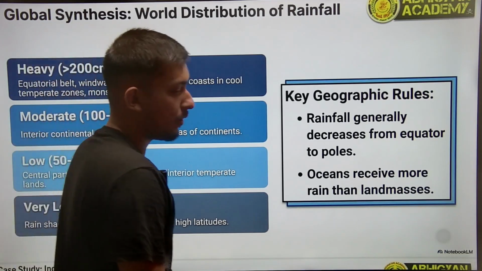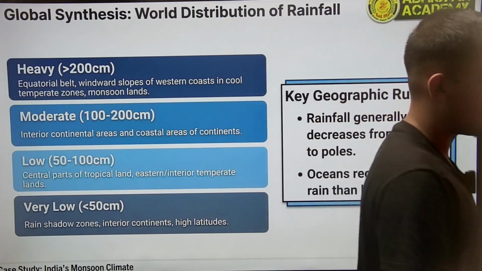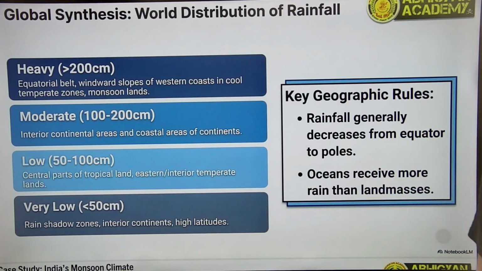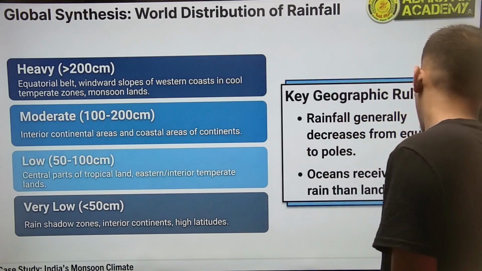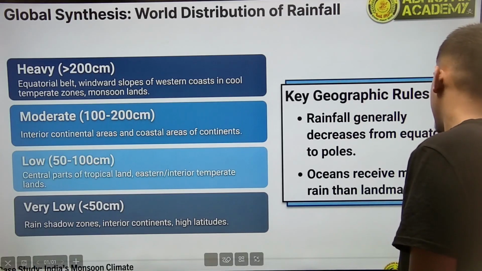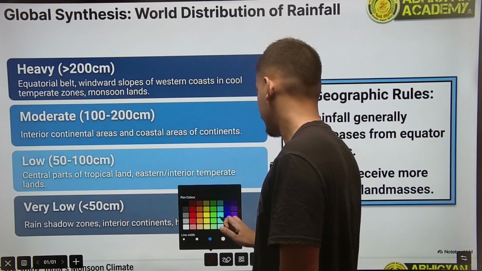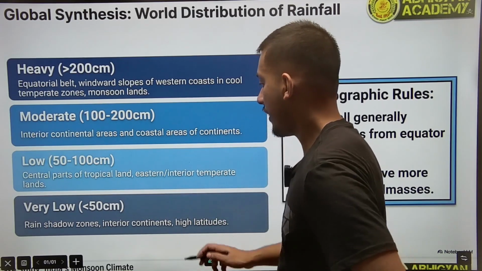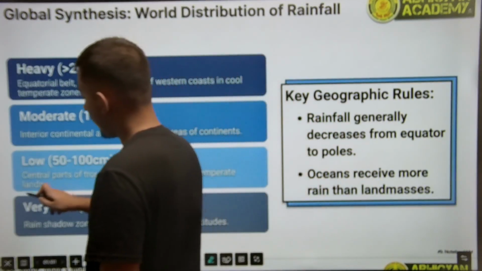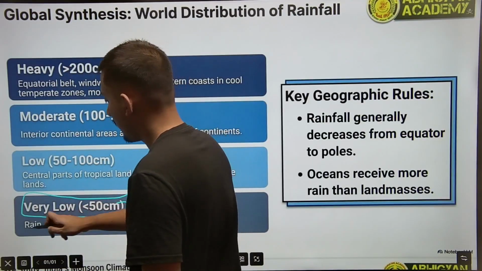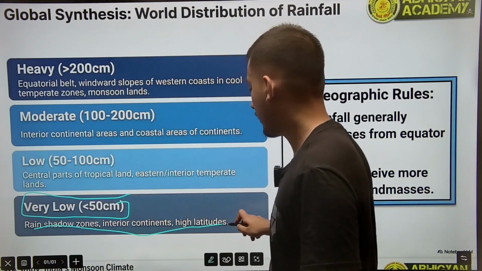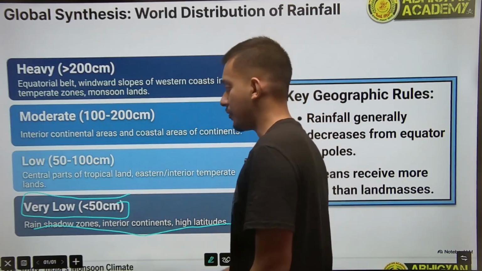So now we will learn about the world distribution of rainfall, or how rainfall is distributed in the world, what is the total, what is the pattern, right? So we have here under 50 centimeters, very low: rain shadow zones, interior continents, high latitudes.